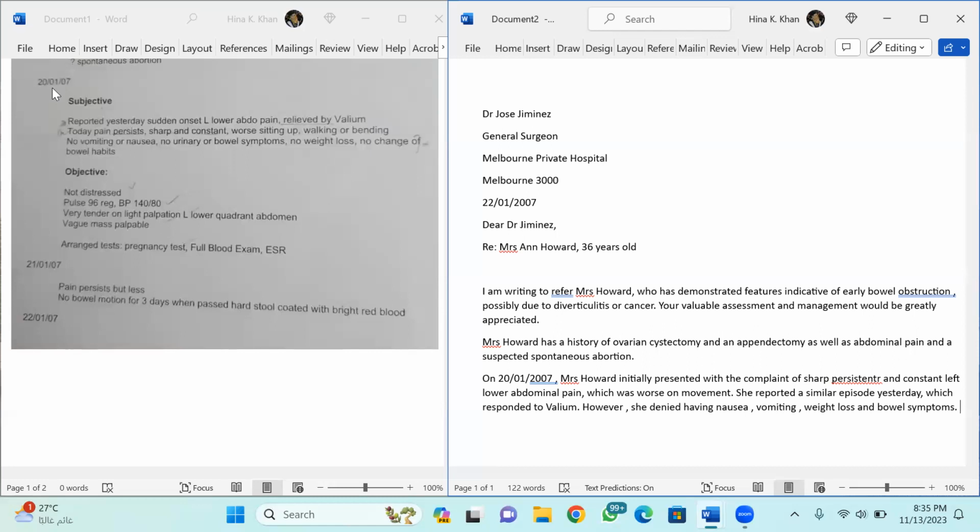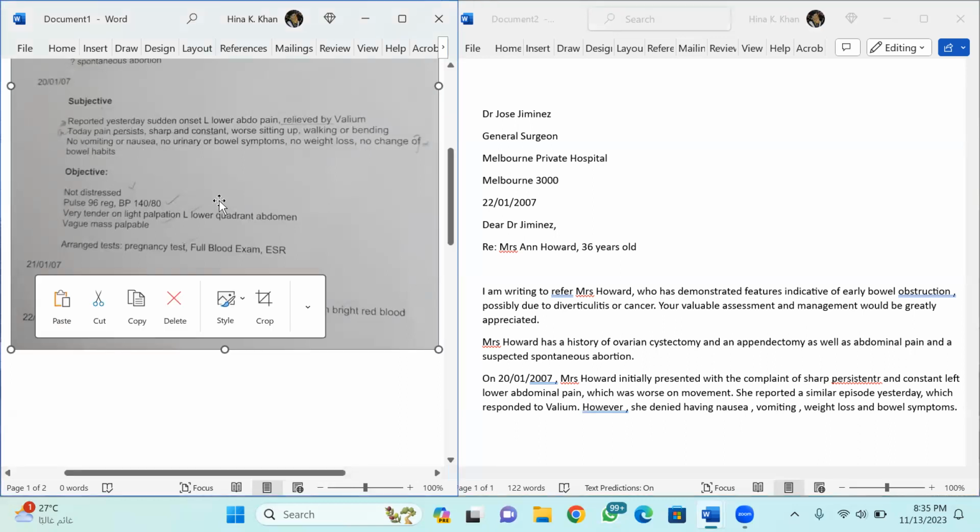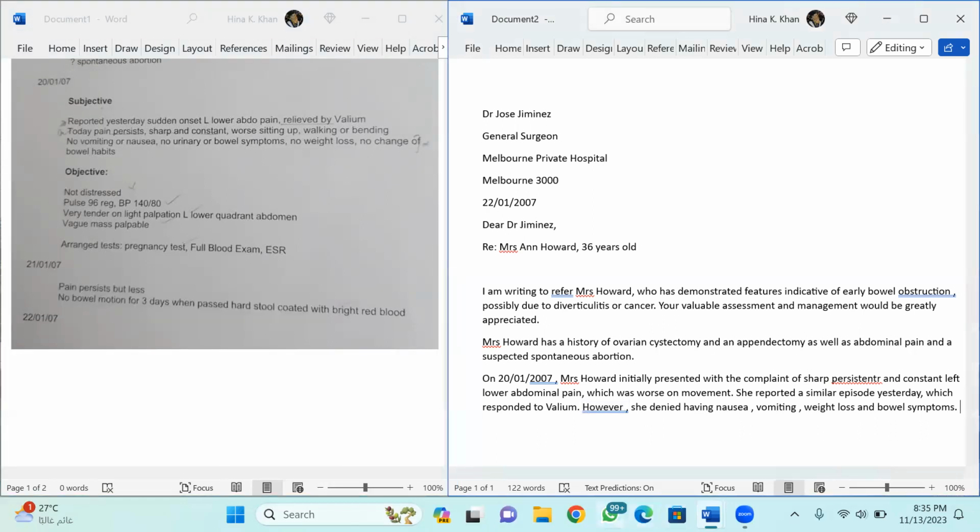No, the 20th also had two events. She reported presented yesterday and today. I am talking about the 20th, which has passed. Today is the 22nd. So it's past. Okay. So we have started from her initial visit, that is the beginning, the 20th. Yes. Okay. So we have started from that.